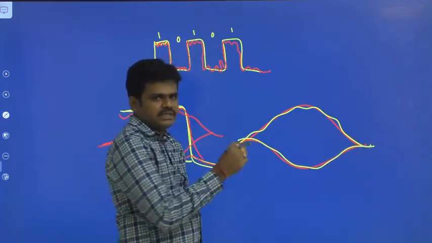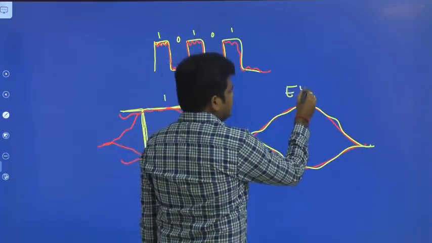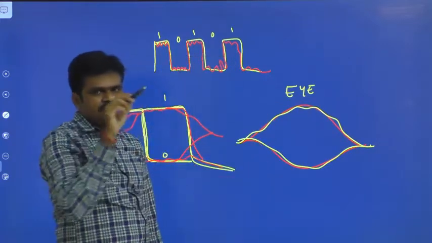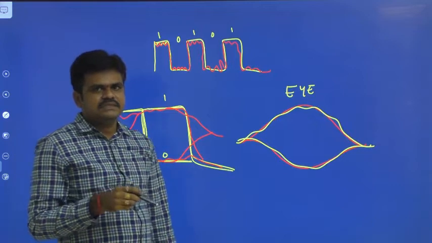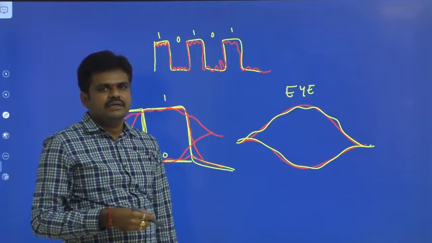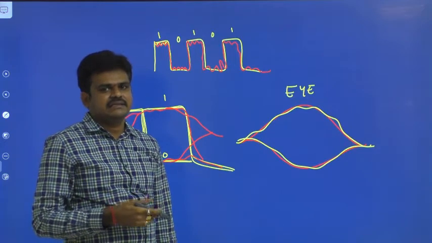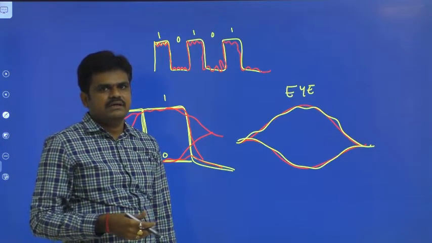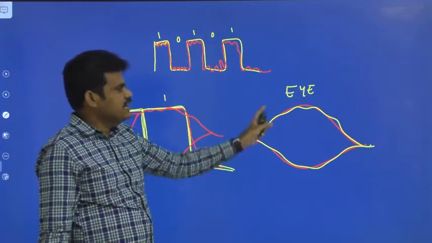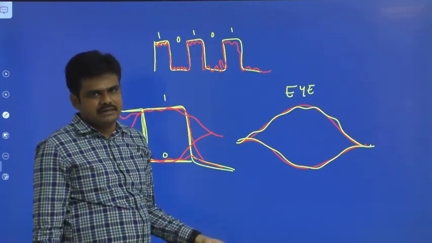Using this shape which is displayed on the CRO, we try to analyze some characteristics of the optical link. So this diagram is called the eye diagram or eye pattern.